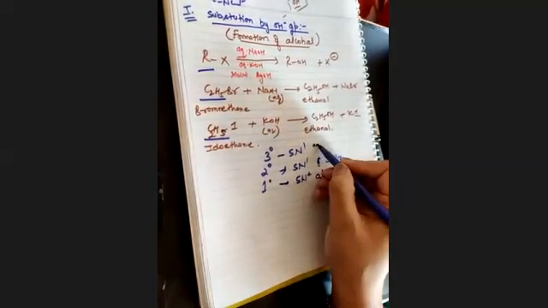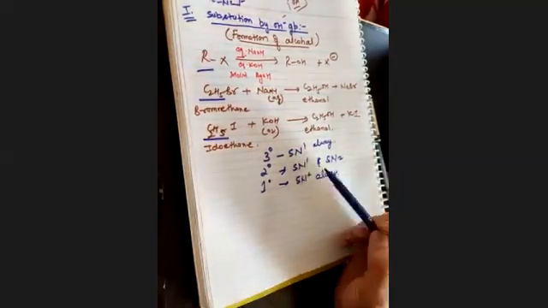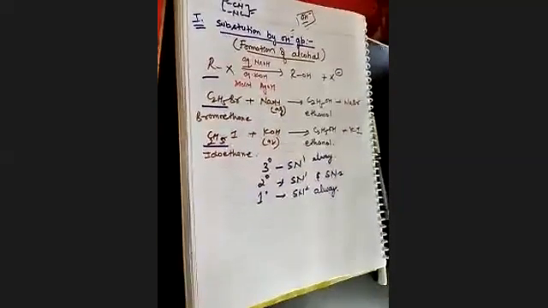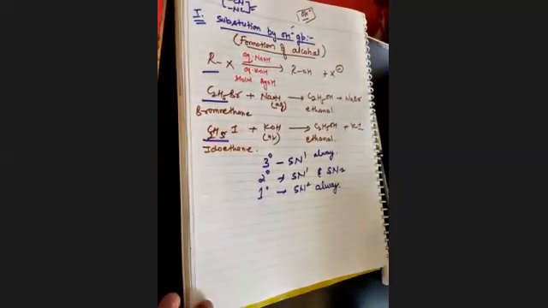Clear? Note this down. So if they ask whether it is SN1 or SN2, on the basis of the alkyl halide you will be able to answer. Okay? Let's move to the second reaction.